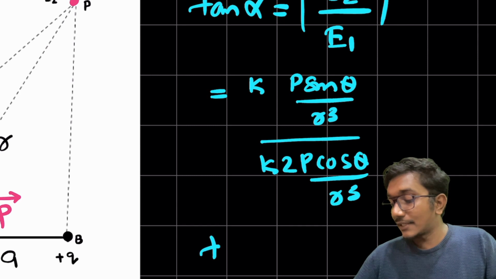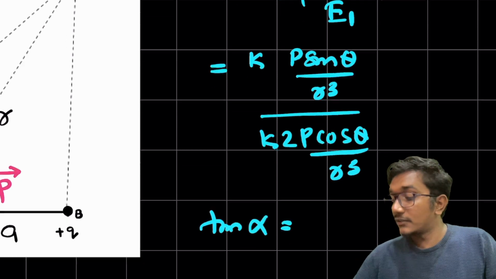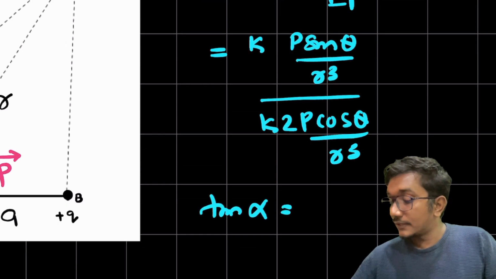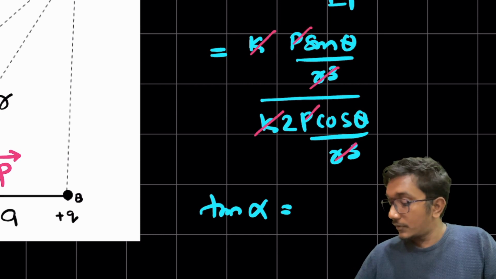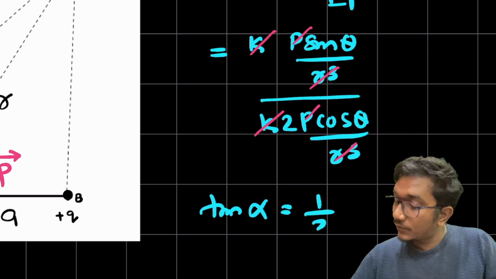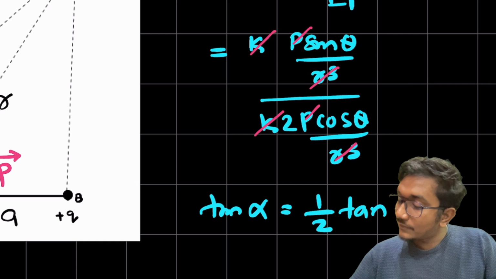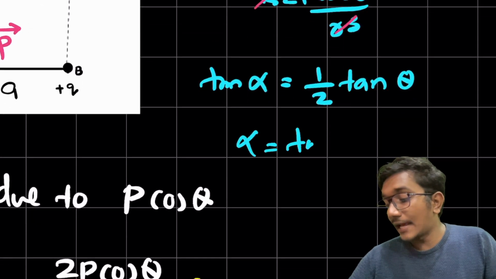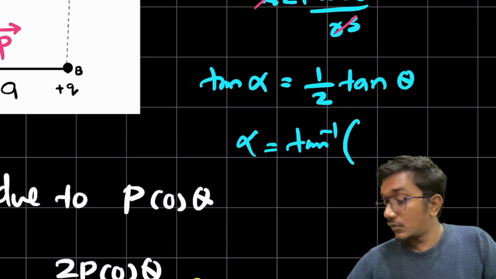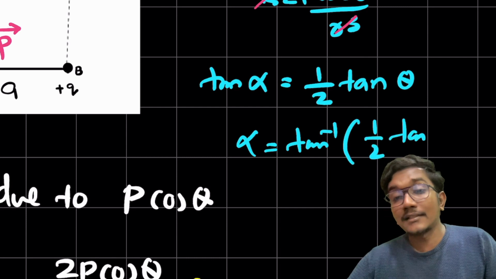All other things will cancel each other. Tan alpha is equal to, look at this, K cancels, P cancels, R cube cancels. It will be 1 by 2. Tan alpha will be equal to 1 by 2 tan theta. That is the correct answer. So alpha is equal to tan inverse of 1 by 2 tan theta.